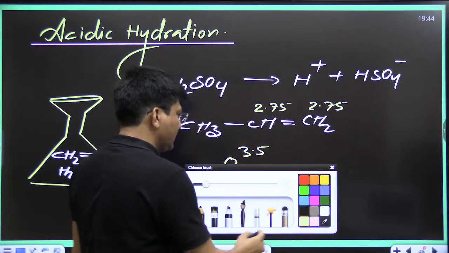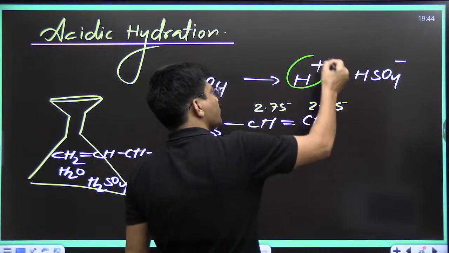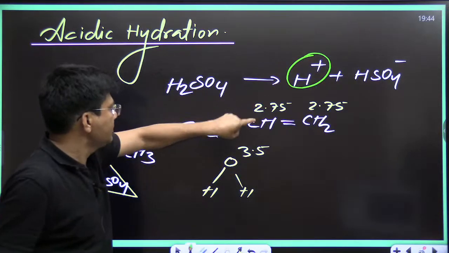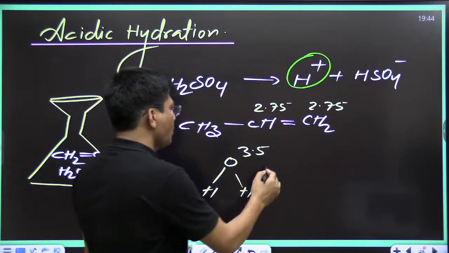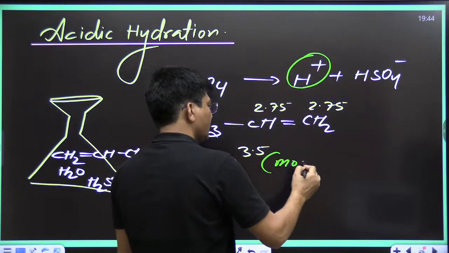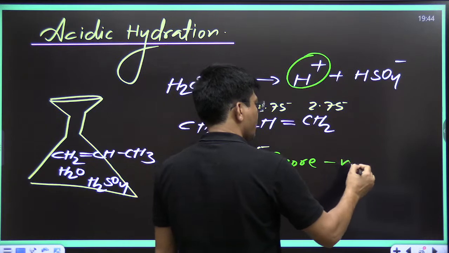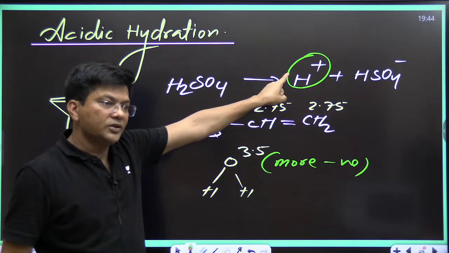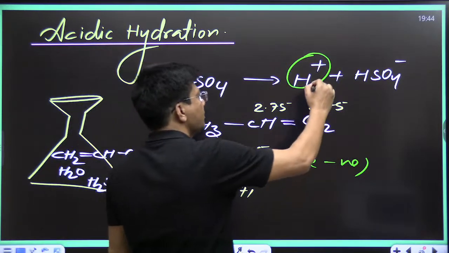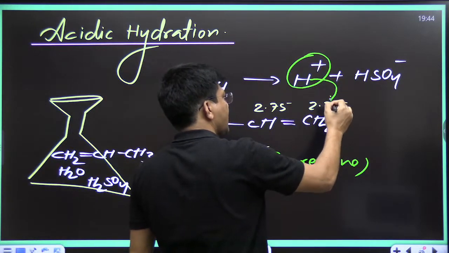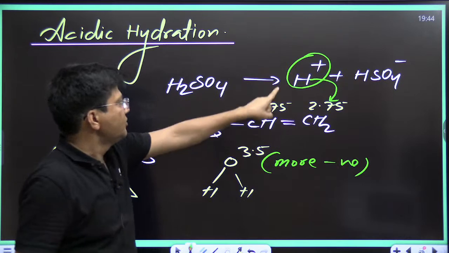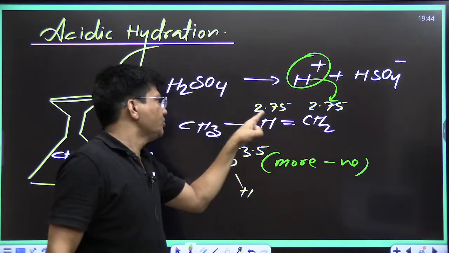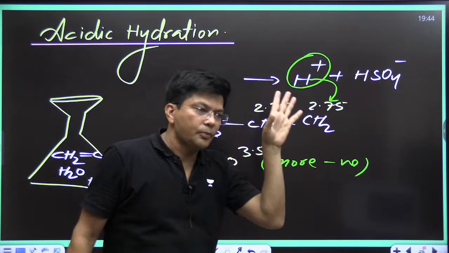So which is easy to attack, this carbon or this oxygen? The oxygen is more electronegative, so it's tough to attack on it. So it's easy for this H plus ion to attack on this alkene, and it will attack on this carbon, because then you will get a more stable carbocation.